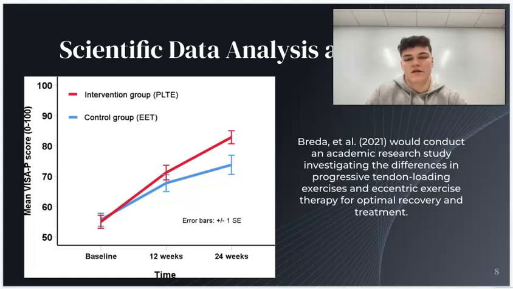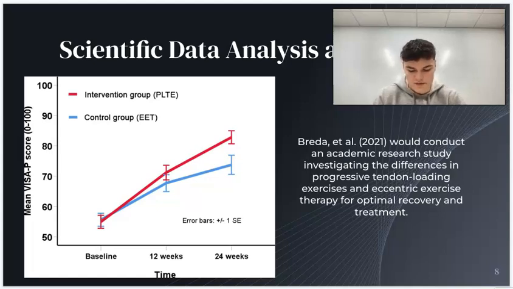So this test is a score from 0 to 100, with 0 being the most extraordinary pain anybody's ever felt and 100 being absolutely free of pain. As seen here in this diagram to the left of your screen, the PTLE group showed much more effective results and was pain-free at a more rapid pace after 24 weeks than the EET group of eccentric exercises.